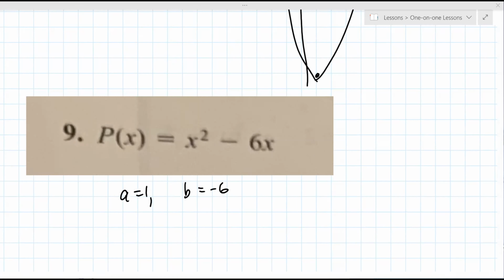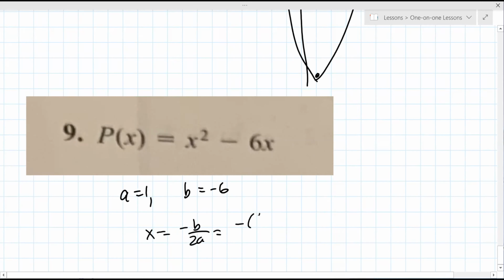Alrighty. So for a, we want, isn't the vertex negative b over 2a? Yes.